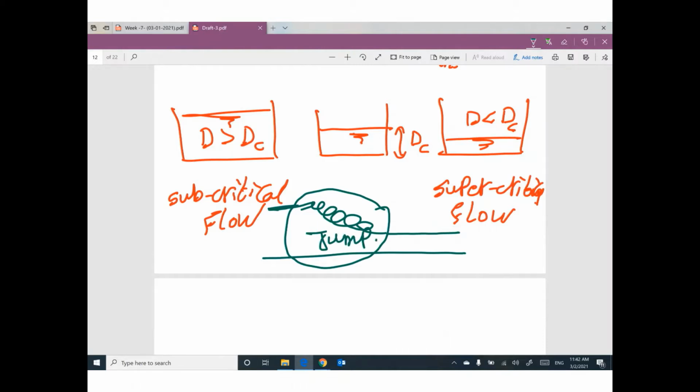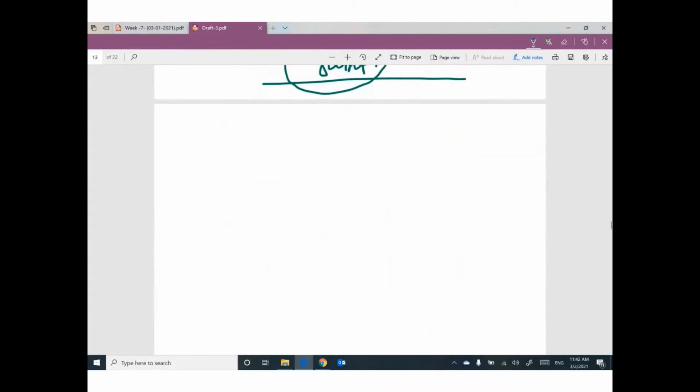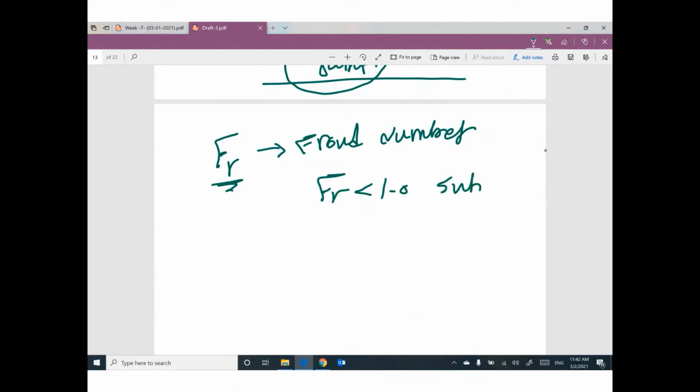We have a different technique to figure out this phenomenon by using something called Froude number. This number can give you indication what is the type of flow. If this number is smaller than 1, it will be subcritical.